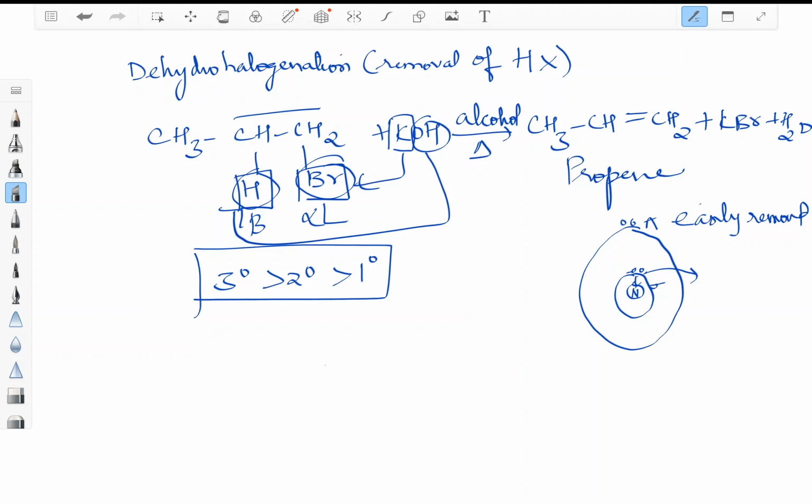The other thing is, this is alkene, and if it undergoes a reaction, here this is E and Nu. E is supposed to be the electrophile. Nu is supposed to be the nucleophile.